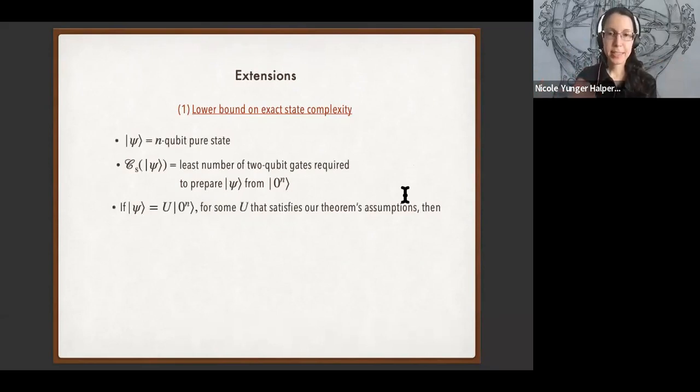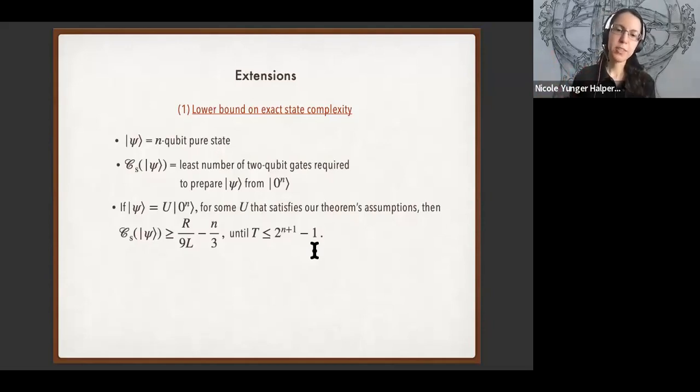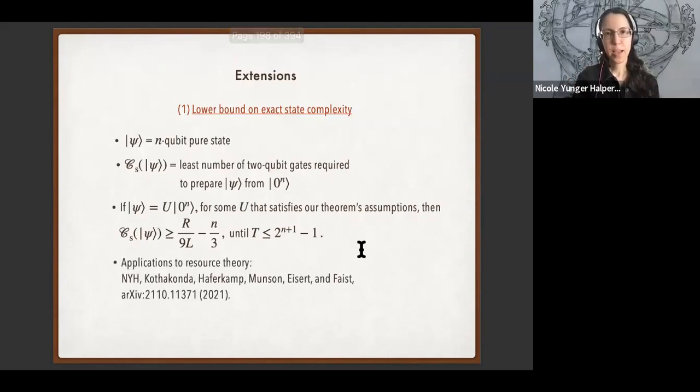If the unitary satisfies the assumptions in our theorem, then the complexity of the state obeys the same lower bound as the unitary complexity, also for an exponentially long time, except this exponential looks a little bit different because the space of states is parameterized differently than the space of unitaries. This extension of our main result proved useful in our resource theory of uncomplexity.